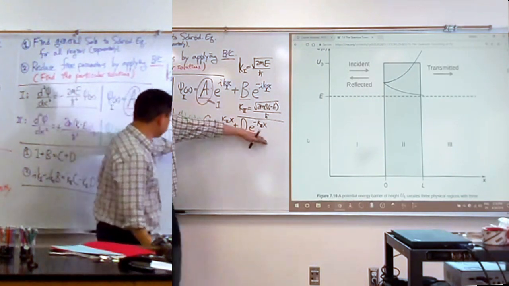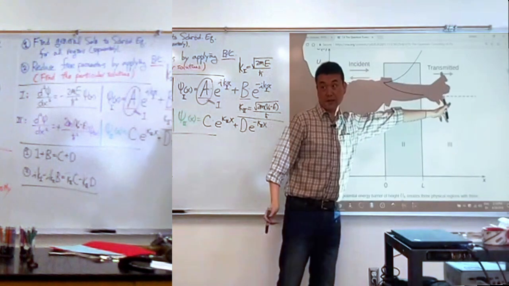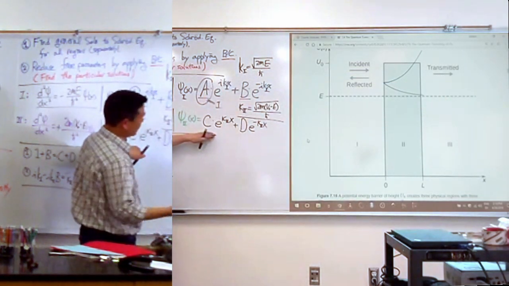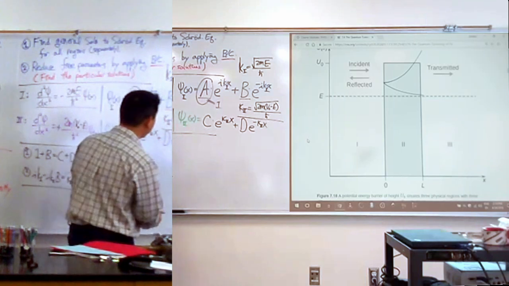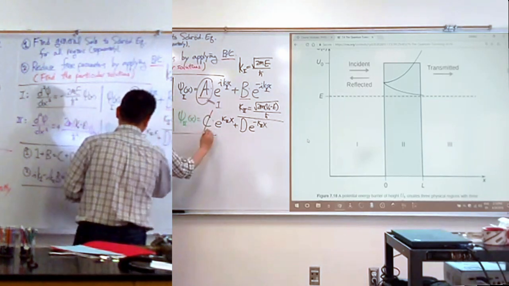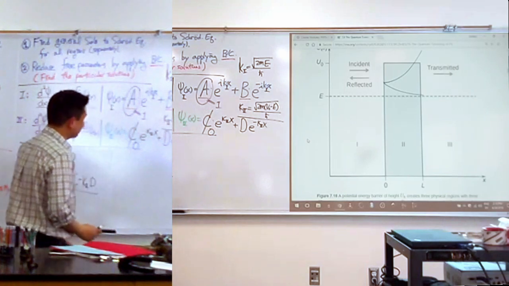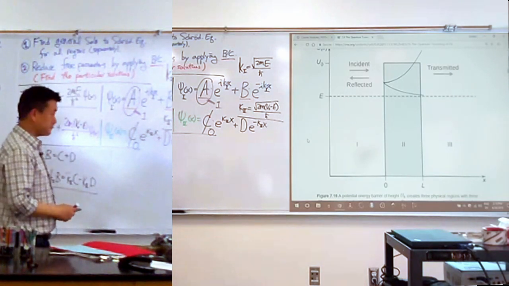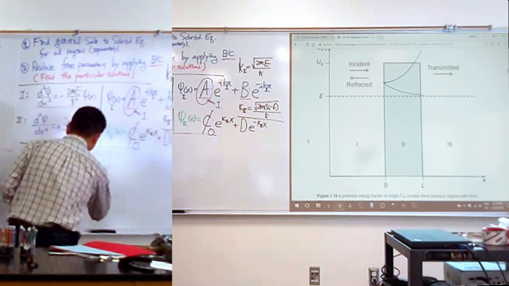So this is behaving okay. It's exponentially decaying. This is not. So the only way to make sure my overall solution comes out right is by saying that for whatever reason, this C is going to be 0. I guess normalizing the wave function makes it 0. Yeah, so I get rid of C.